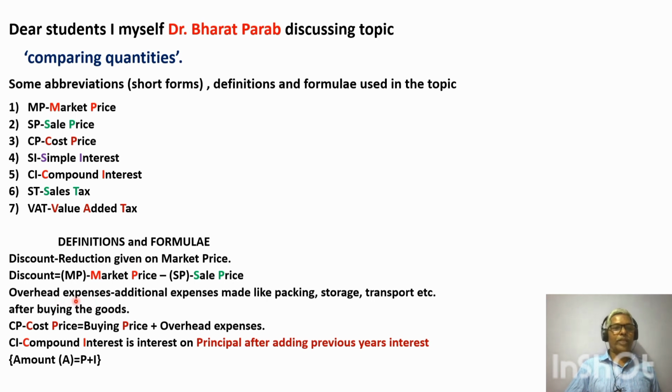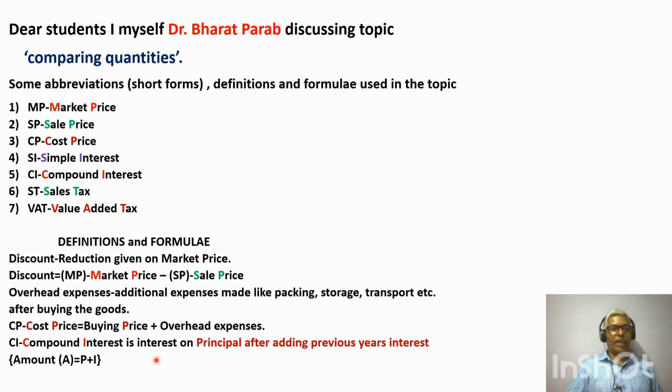So these are called overhead expenses. Now that is added to your cost price. Okay, the cost price is buying price plus overhead expenses because you have spent this on this. So your cost price increases, the buying price plus overhead. You remember this.